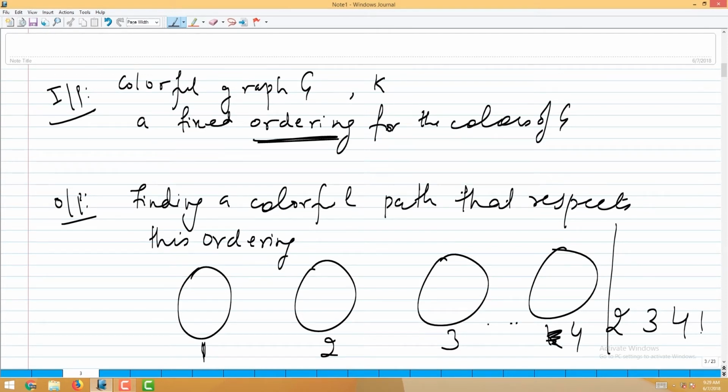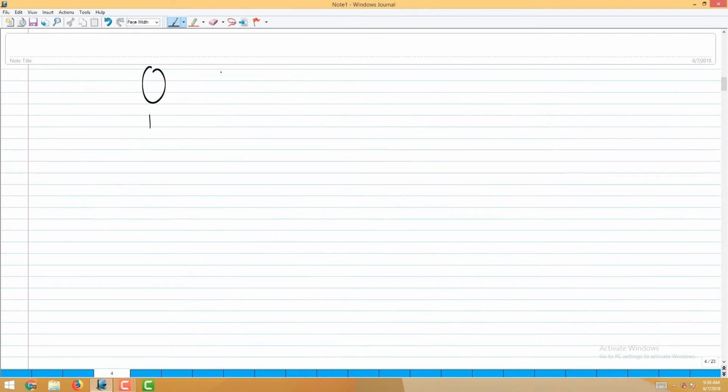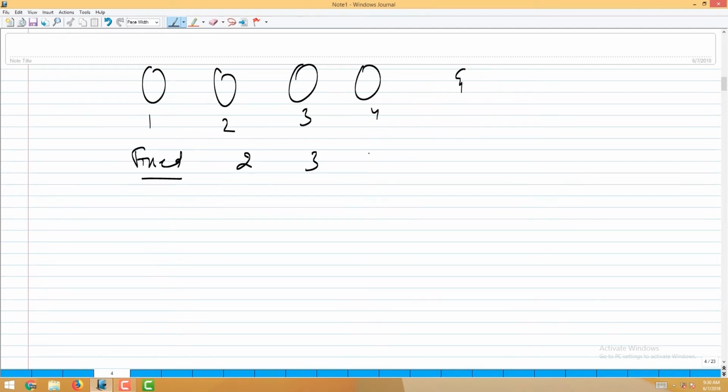So let's see if we can find such a path in the graph. So again, this was the original graph G, and I've fixed an ordering 2, 3, 4, 1. We're looking for a path whose first vertex is from 2, second from 3, third from 4, and the last one from 1.